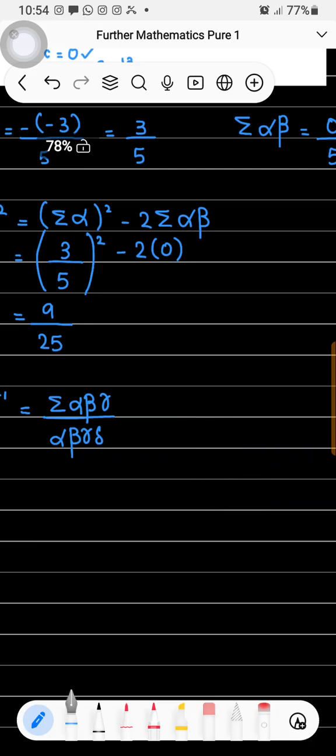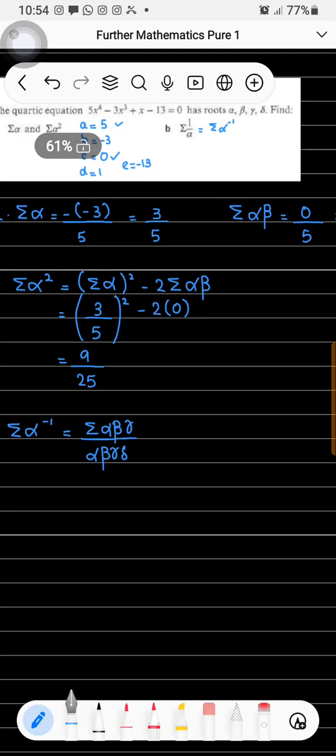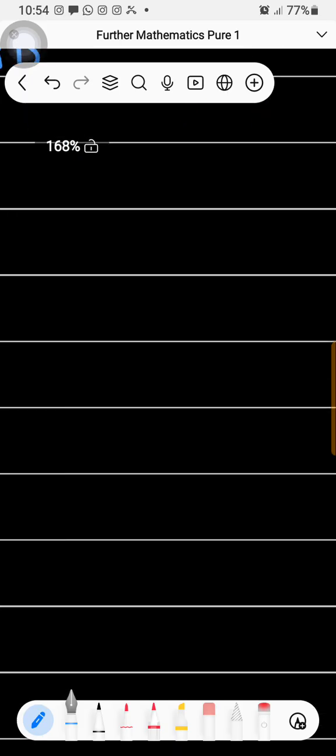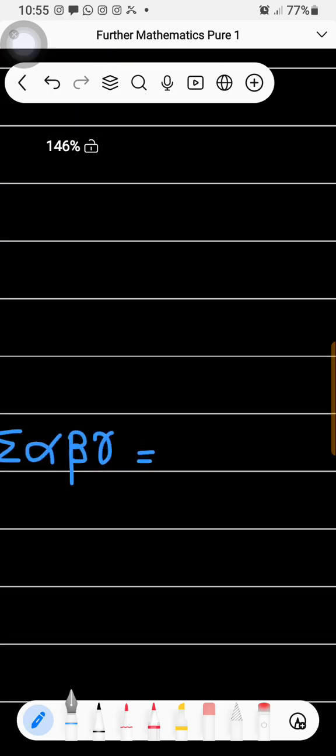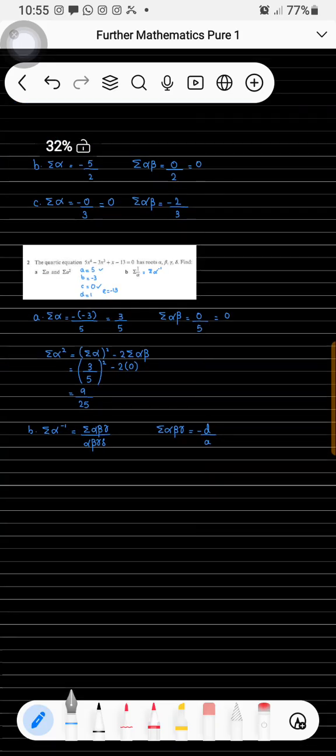Okay, so first we will find out sum of alpha beta gamma here. Sum of alpha beta gamma is equal to negative d upon a. So what is d?